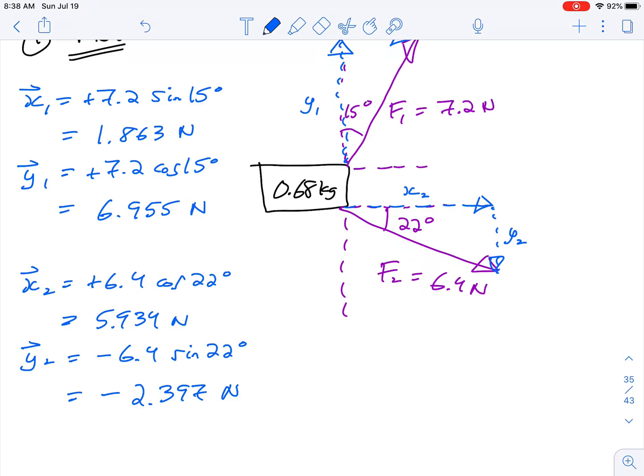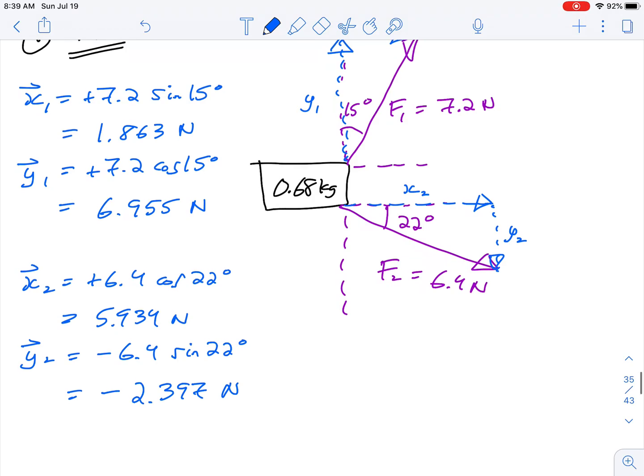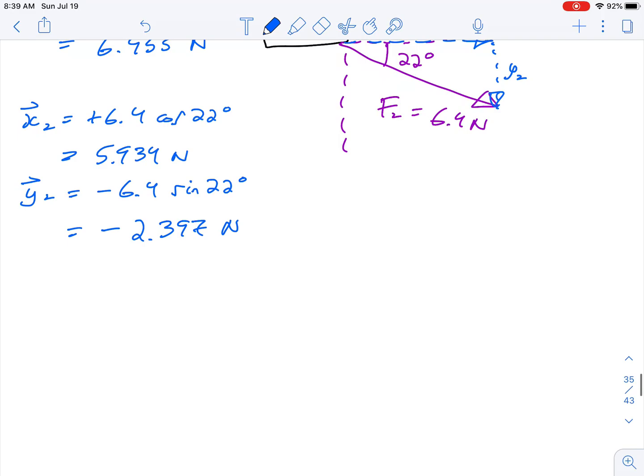And if you remember, if we're going to find F net, do you remember what we have to add together? So now, to find the x component of F net, which we could also write as F net x, we simply add up all the x's.